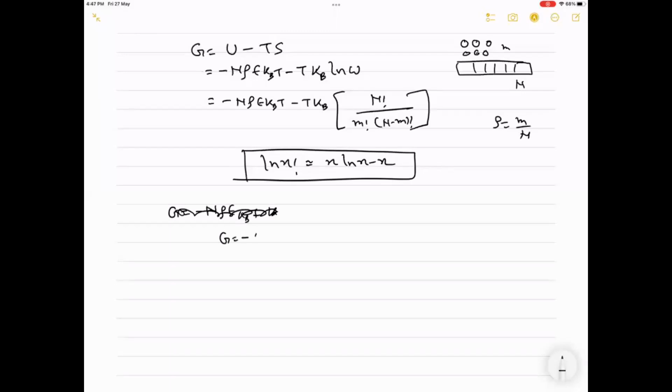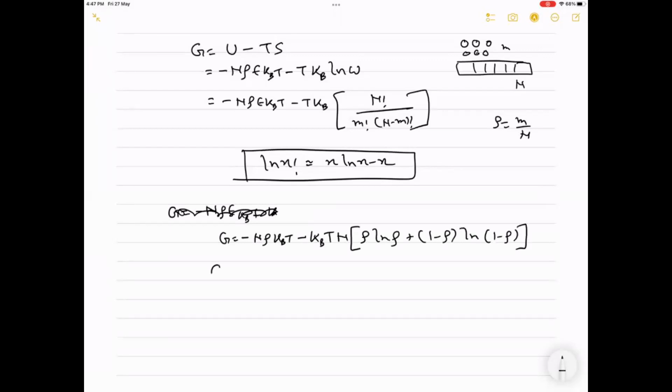G minus G is equal to minus n rho kBT minus kBT n rho ln rho plus 1 minus rho ln 1 minus rho.